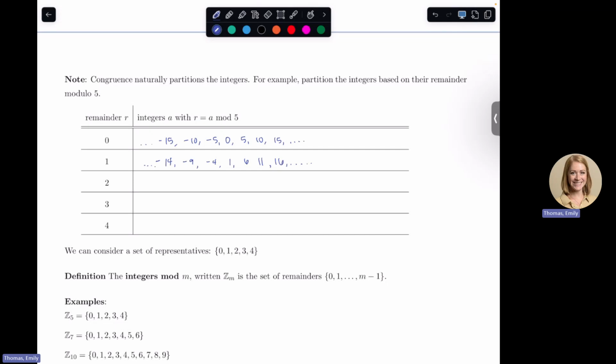What about a remainder of 2 mod 5? 2, 7, 12, 17, negative 3, negative 8, negative 13.